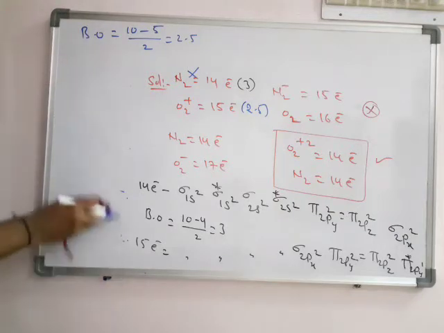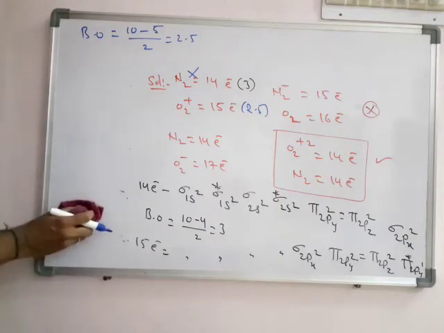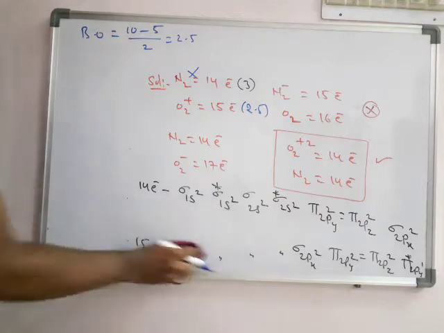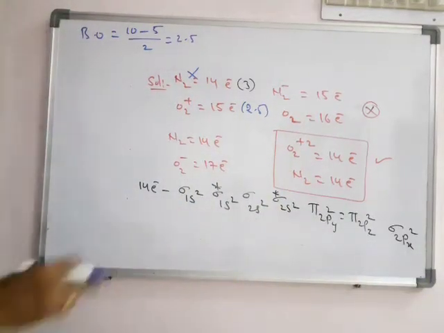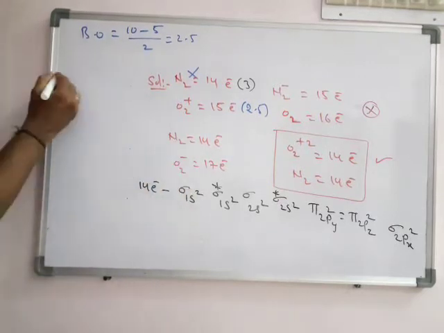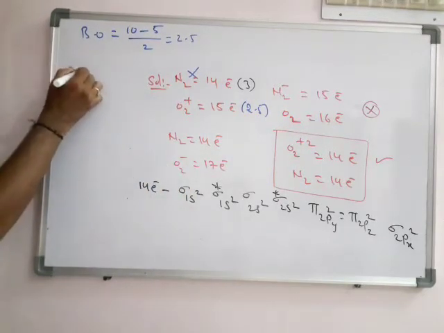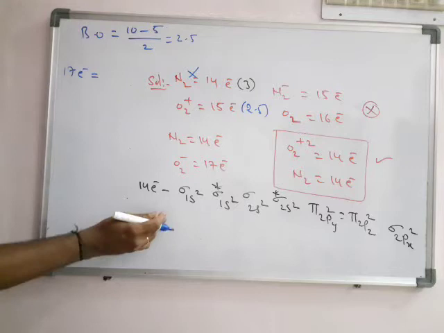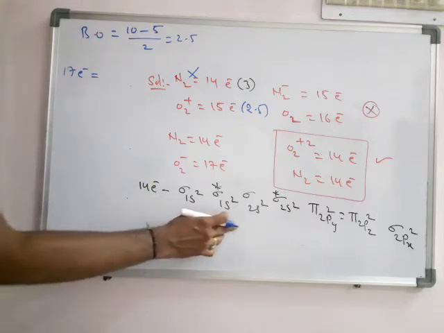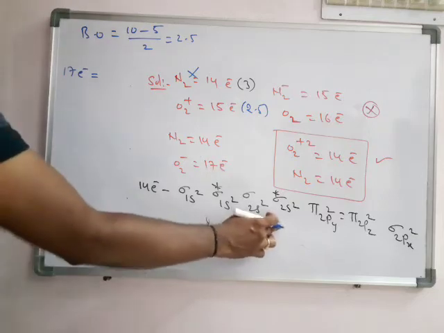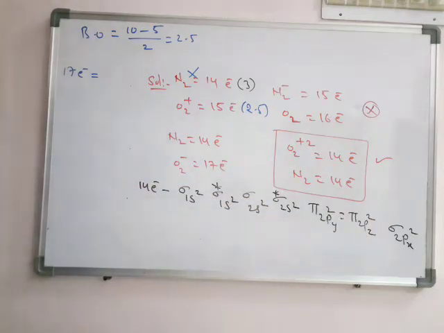Check for 17 electrons. So for 17 electrons, which is more than 15, the same sigma 1s2, sigma star 1s2, sigma 2s2, sigma star 2s2, only here is the difference.